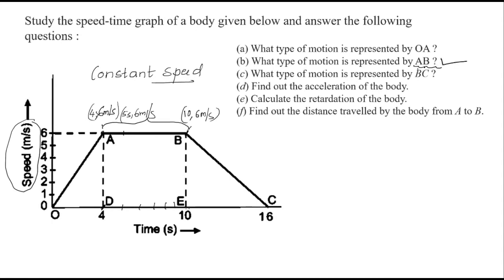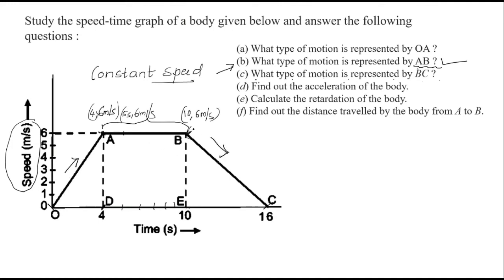So this is the answer for option B. Next is, what type of motion is represented by BC? Now look at this BC. How different is this BC from OA? You will find in OA the velocity is increasing, whereas in BC velocity is decreasing, right?